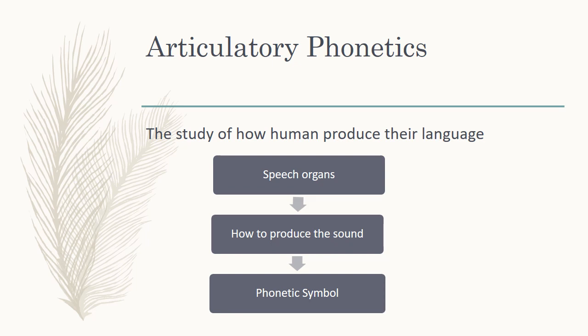Okay, you're going to learn how the speech organs make the sounds of humans. And then you are also going to learn about the phonetic symbols, the phonetic symbols of the sounds themselves.